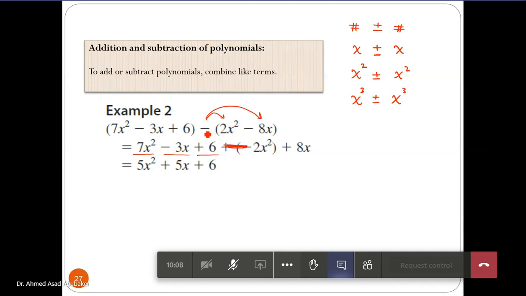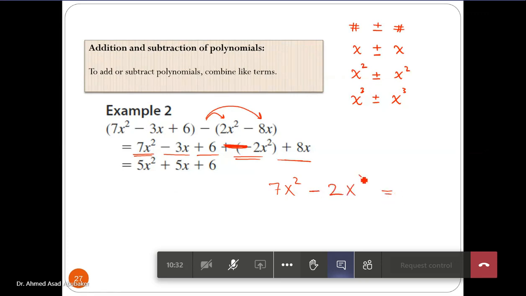And negative with negative, look at this, positive 8x. Now we have 2x squared, we have 7x squared and negative 2x squared.